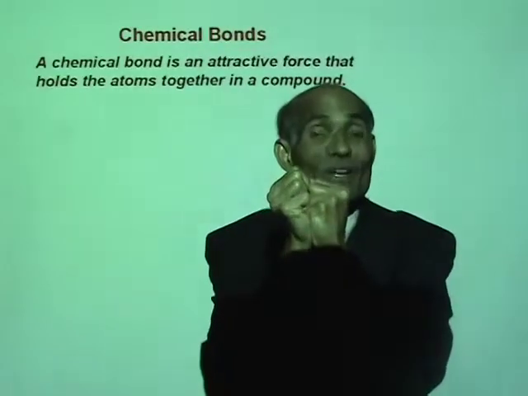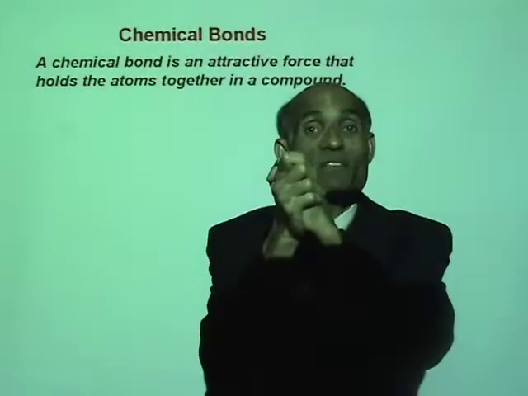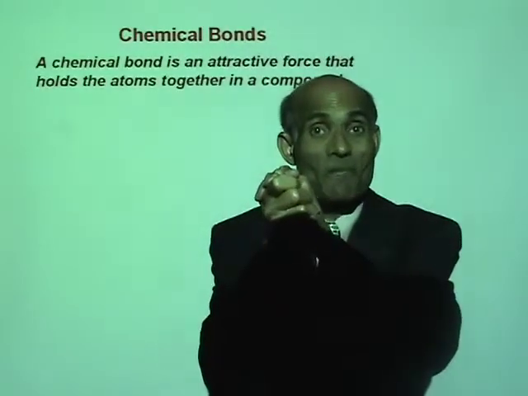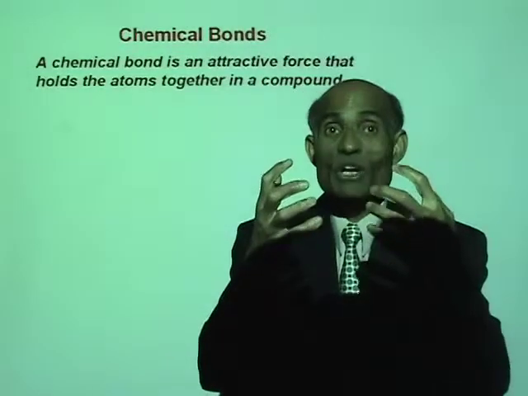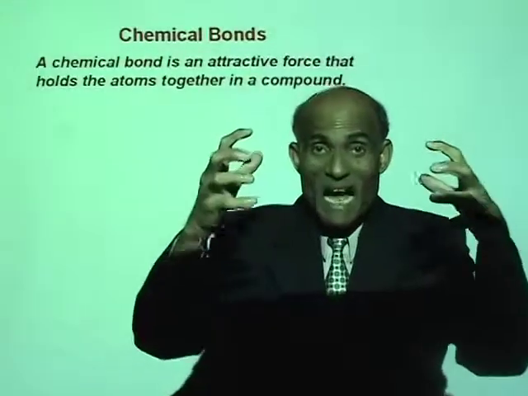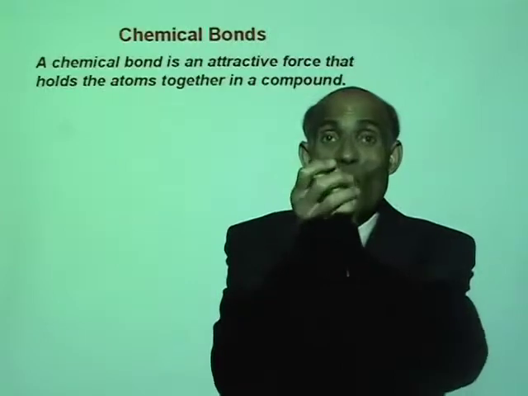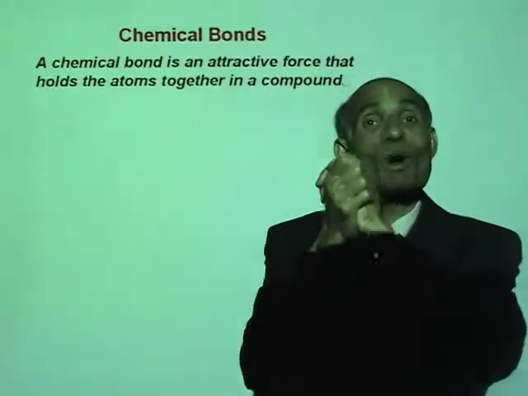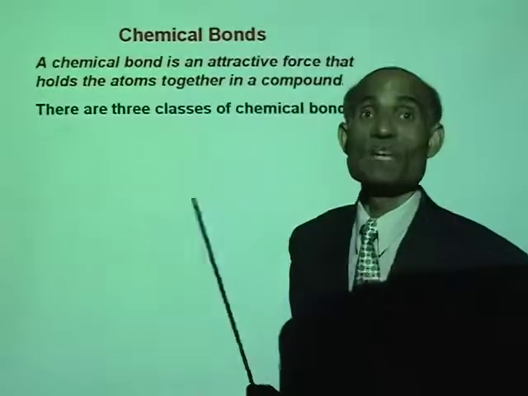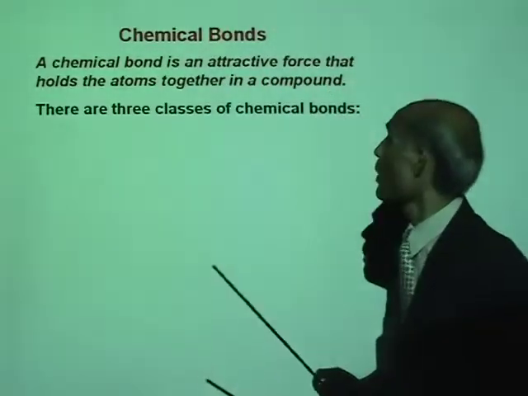There is a bond, and they stay together, and we call it a water molecule. You see? So a chemical bond is an attractive force that brings atoms together to form molecules of a compound. Okay, now what are the different types of bonds?